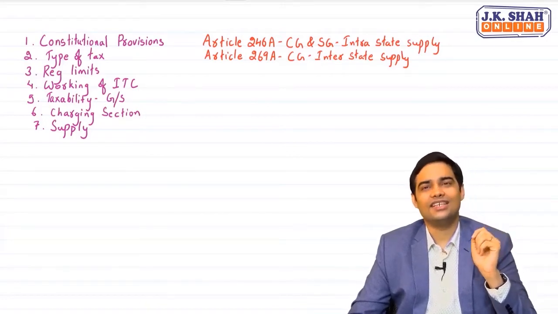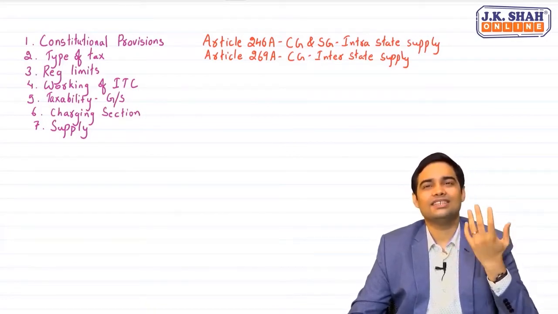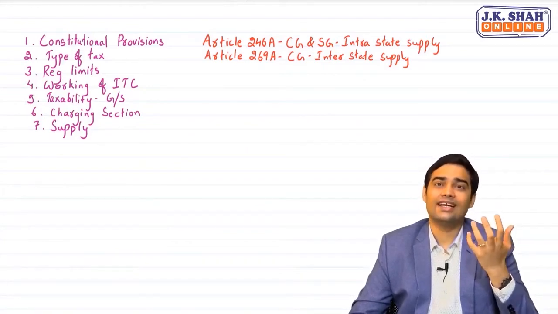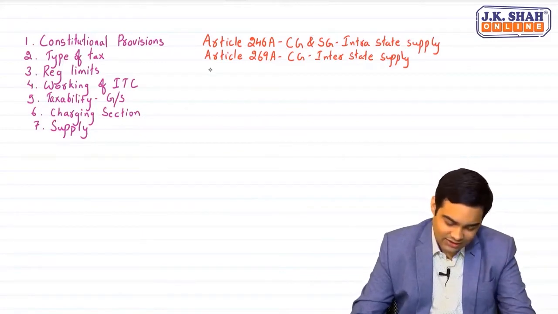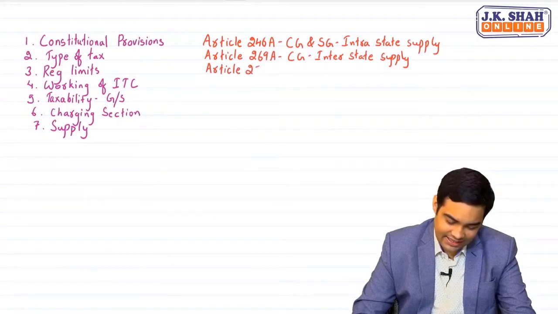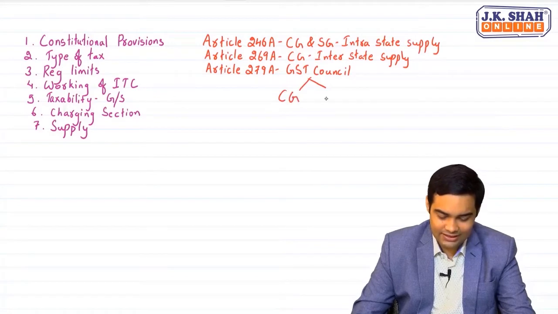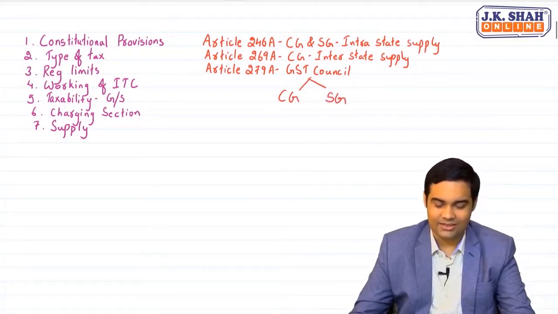Now the question is, when central government and state government are coming together, where would they decide about GST law? For that, a constitutional body was made under Article 279A, and its name is GST Council. Now, GST Council, you have central government representatives and state government representatives.